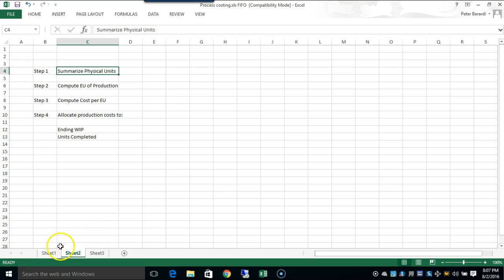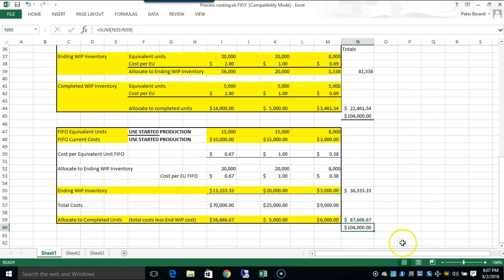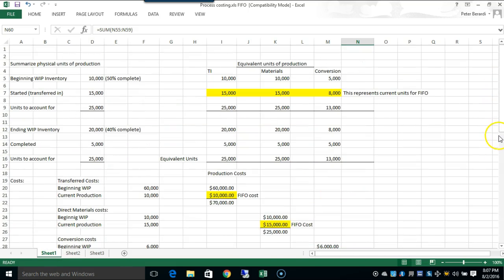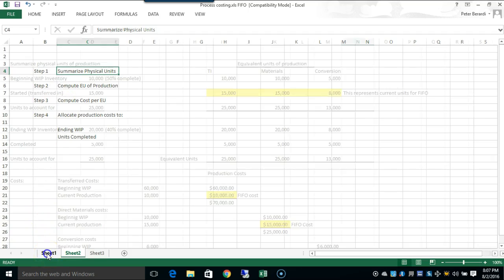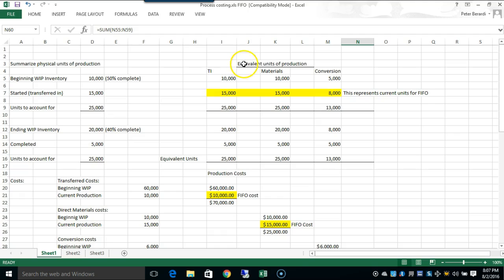Summarize physical units. So let's go to this problem I have, and let's go through the steps. The key to doing a process cost problem is to basically follow your steps here in a logical fashion and set up a good matrix.